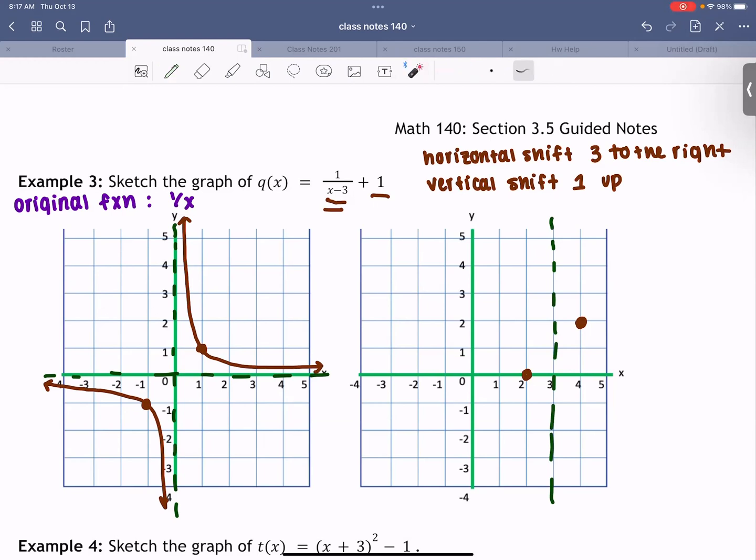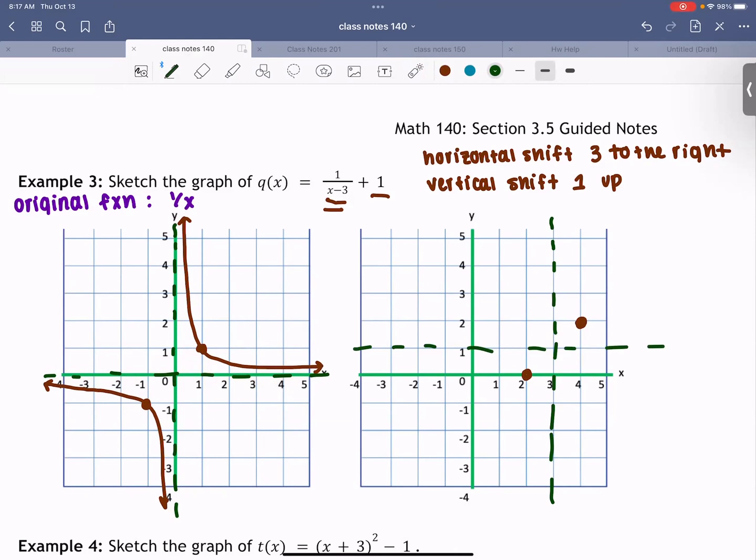Okay, same thing with the horizontal line, but I can't shift a horizontal line 3 units to the right because it's already a line and it takes on all the values left or right. So I'm just going to shift this line 1 value up as well.